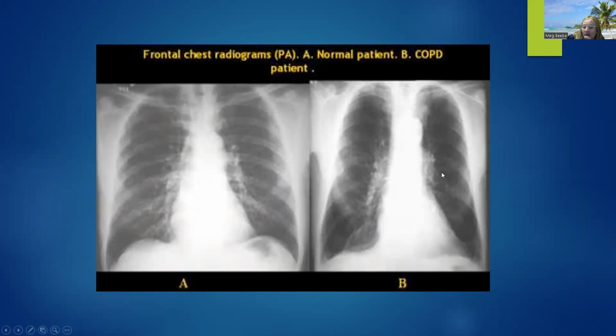And so you get this hyperinflation pushing on the diaphragm and pushes the bottom part of the lungs into more of a flattened position. And of course, if you think about it, with this flattened position, you're going to be pushing down on the liver. Remember, you've got their stomach and spleen on the left with the liver on the right. So think of that anatomically as well when you're working with patients.